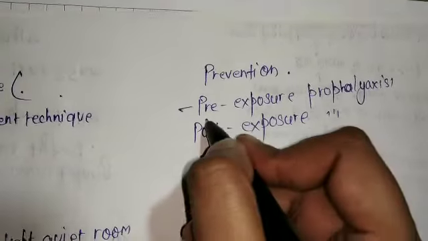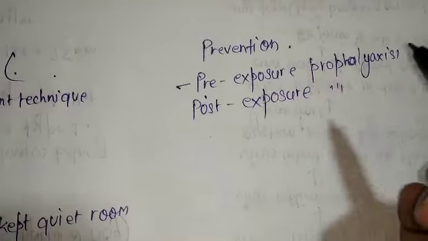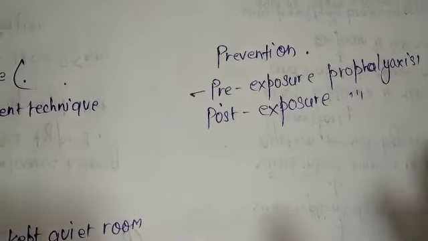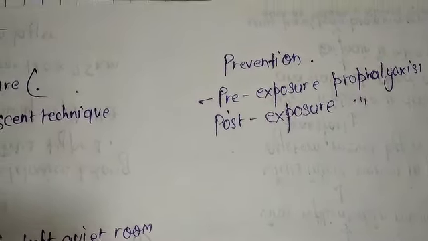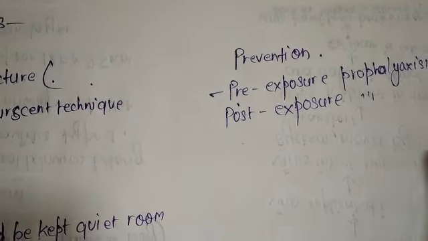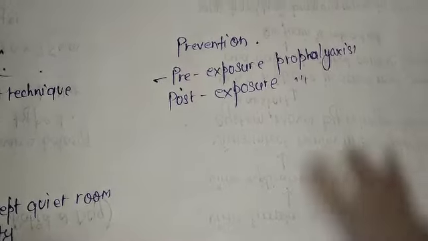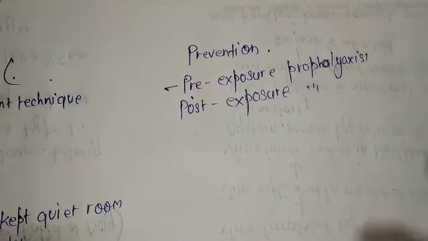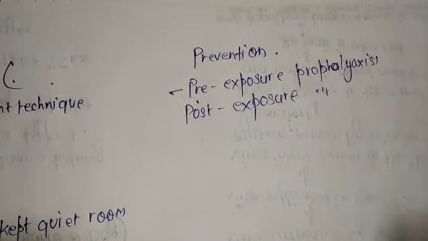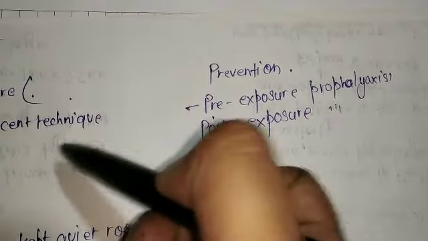Here in this pre-exposure, they will clean the wound. A person who doesn't have any wound or cut should be the only one to treat a human being who has been bitten by a dog.